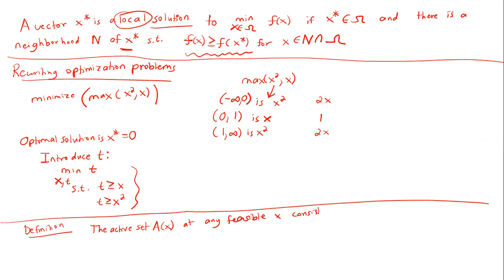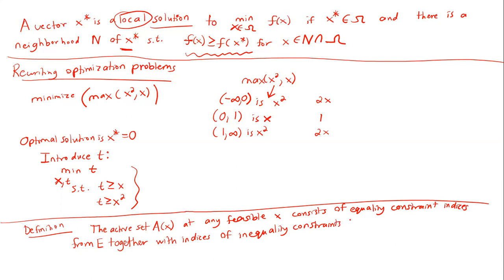It consists of equality constraint indices from E. I'm taking this word for word from the Nocedal and Wright book, together with indices of inequality constraints I for which Ci of x is equal to 0.